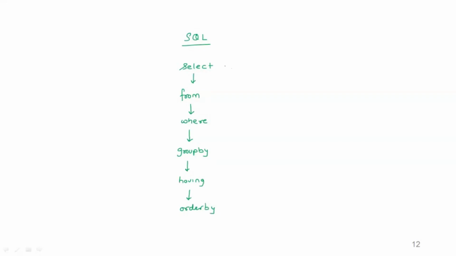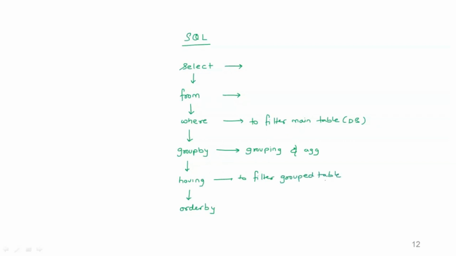So we select the data, from which table, where to filter the main table, and when I say main table, the table which is in your database, group by to perform grouping and aggregation, having to filter the grouped table, and order by to order the result in ascending or descending.